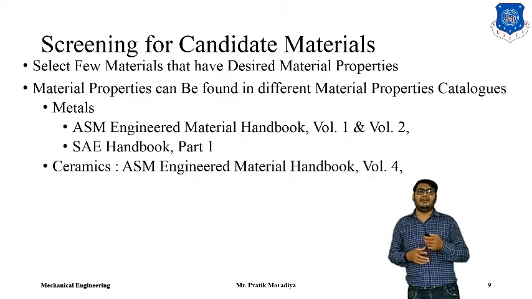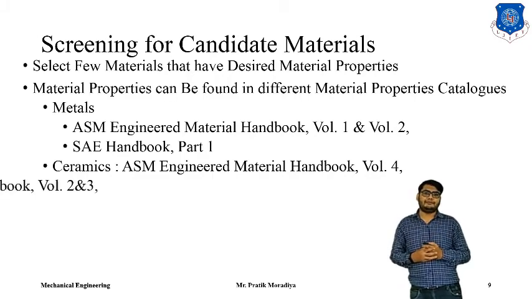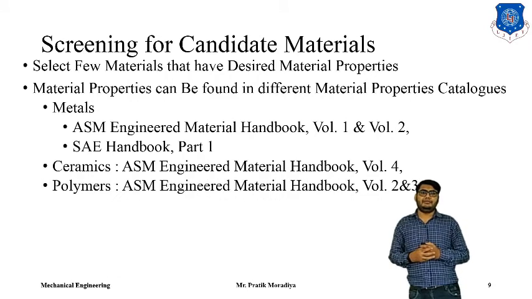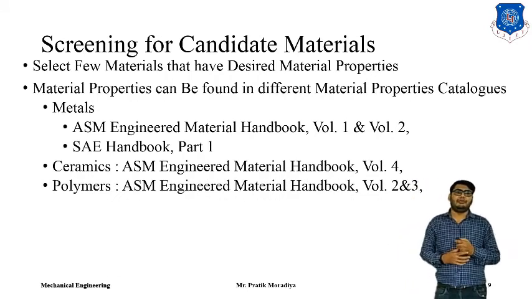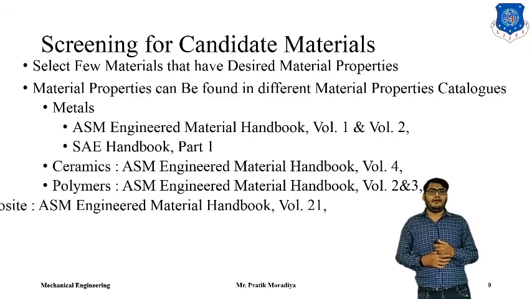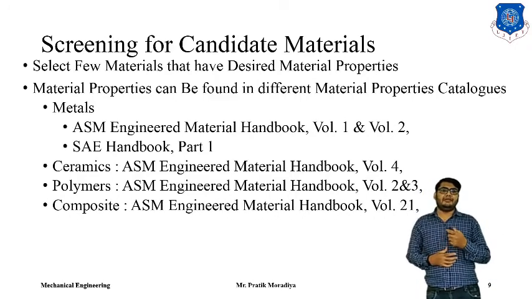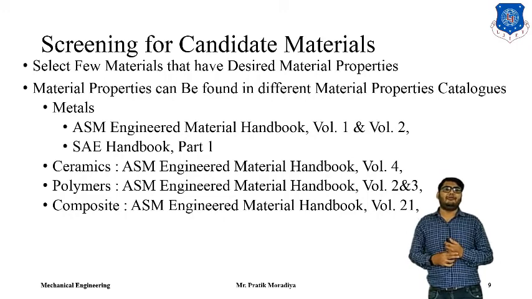For ceramic, we have the ASM Material Handbook Volume 4. And for polymer, we have the ASM Material Handbook Volume 2 and 3. For composites, we have the ASM Material Handbook Volume 21.